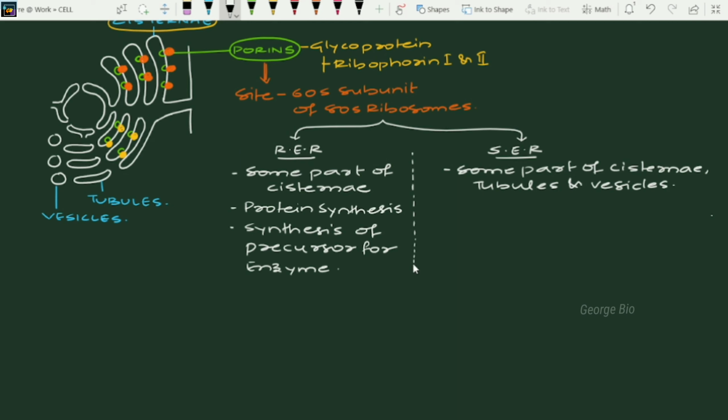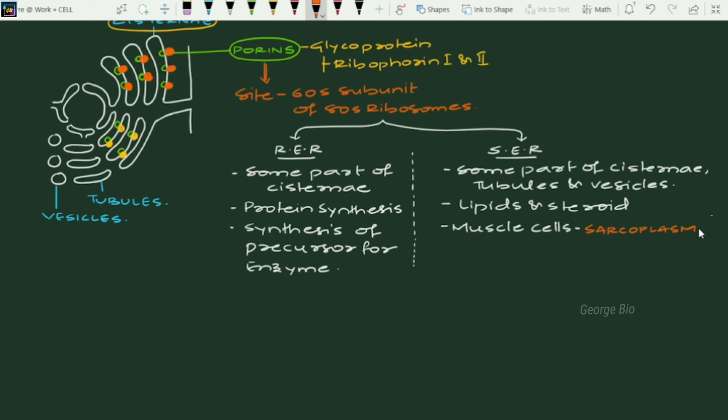Coming on to smooth endoplasmic reticulum. It helps in the synthesis of lipids, and in animal cells it helps in steroid synthesis. It is rich in muscle cells, and in muscle cells the smooth endoplasmic reticulum is called sarcoplasmic reticulum.